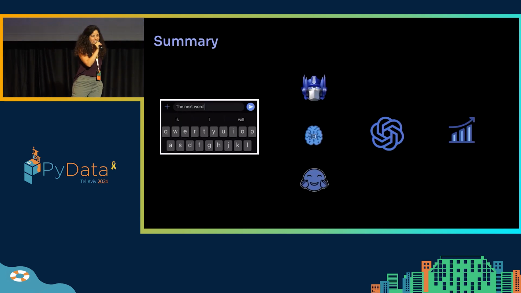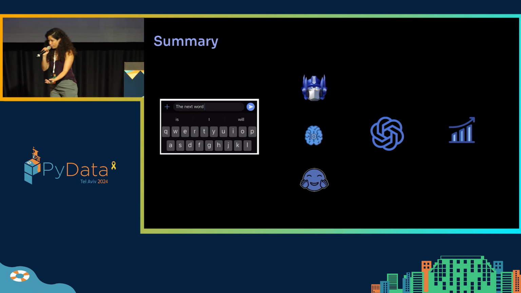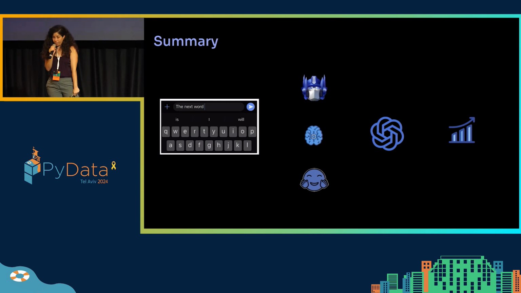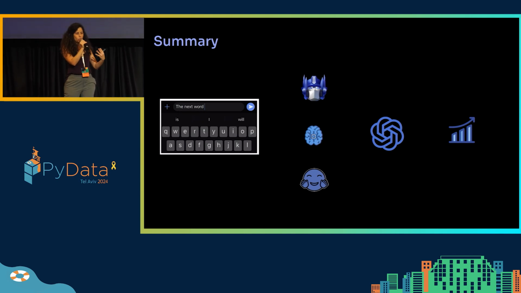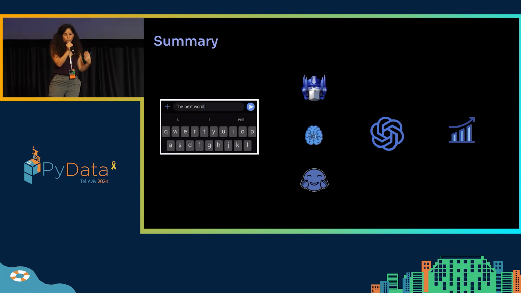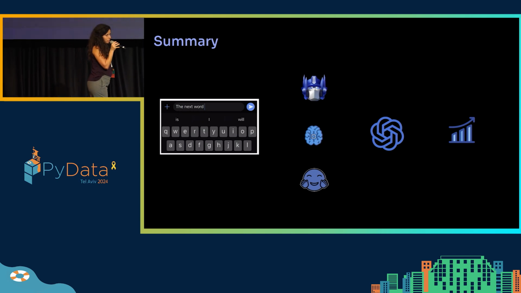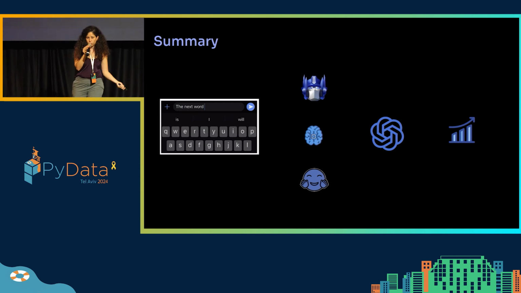Okay, let's summarize this whole journey. We started with what a language model is, a black box where you input text and the output is also text. Then we got to the first NLP explosion. We talked about the transformer architecture that changed the way we process text. We talked about pre-trained models that introduced a new paradigm of pre-training and fine-tuning, called transfer learning, and about open source tools that made everything accessible to everyone.